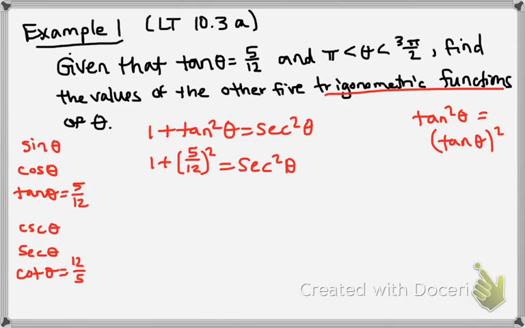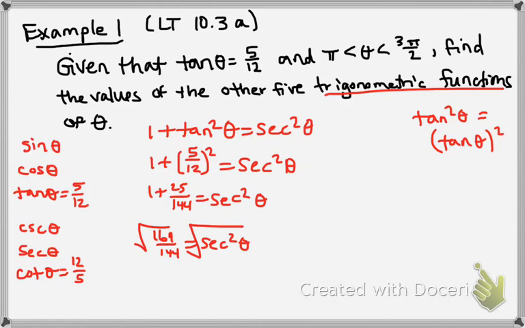Simplifying, I get 1 plus 25 over 144 equals the secant squared of theta. When I add those together, I get 169 over 144 equals the secant squared of theta, and then I take the square root of both sides, which gives me 13 over 12 equals the secant of theta.